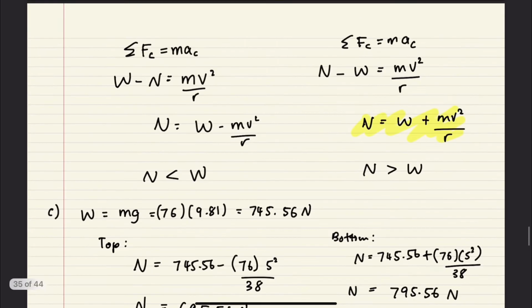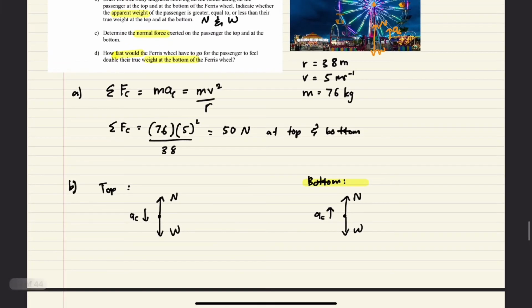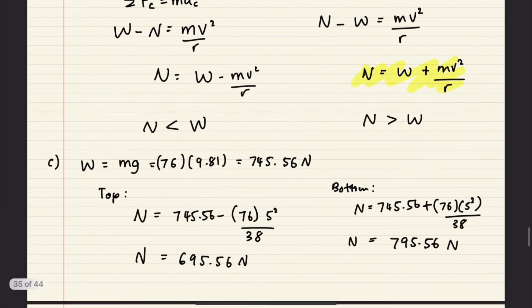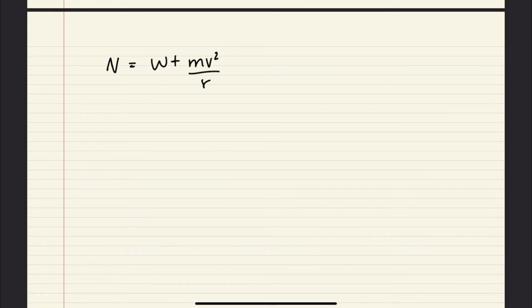The question is how fast the Ferris wheel has to go for the passenger to feel double their true weight. The actual weight is W. So they want you to determine the V when N is double the actual weight, 2W.